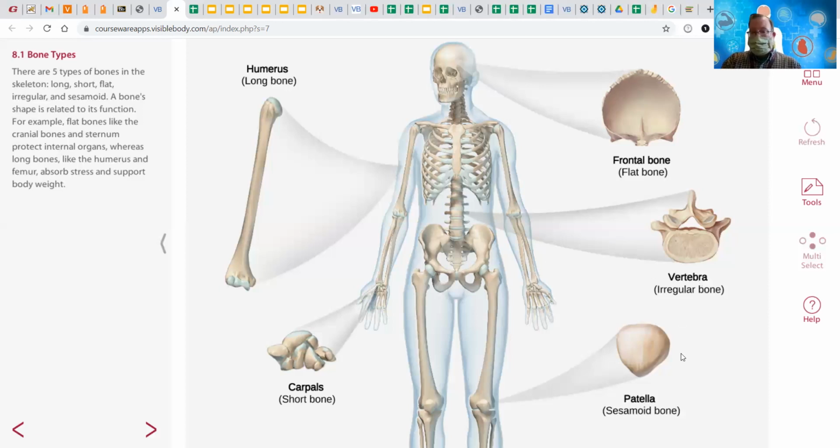And then lastly, we have what are called sesamoid bones. Sesamoid bones generally don't really articulate with any other bone. We oftentimes find sesamoid bones embedded in tendon, embedded in other tissue. So we may not see those guys articulate with other bones. I mean, even the skull bones, they're fused together, but they're still connected with other bones.